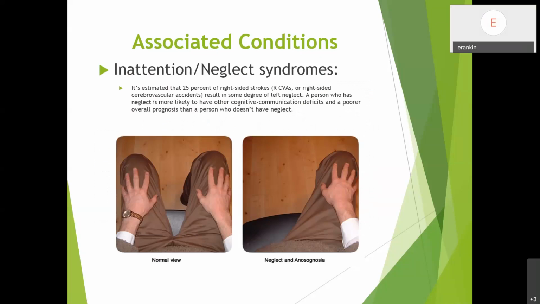How it presents is, if you present stimuli on both sides of their world, let's say they're looking out forward and there's a bicyclist coming on one side and a bicyclist coming on the left side at the same time, they are not going to pay attention because of an attention syndrome, not a sensory syndrome. They're not going to see the person on the left.